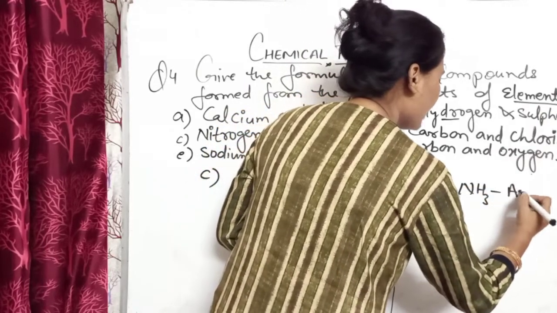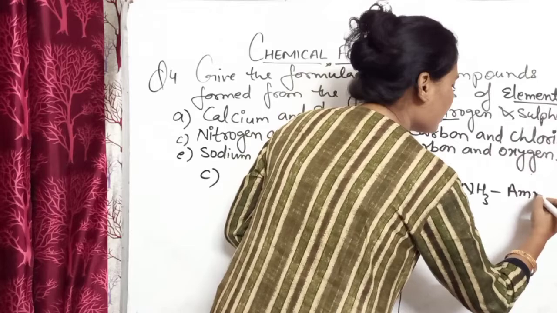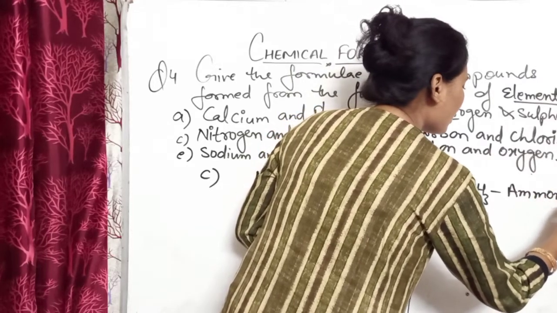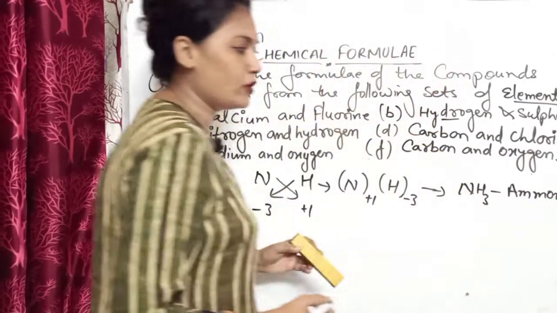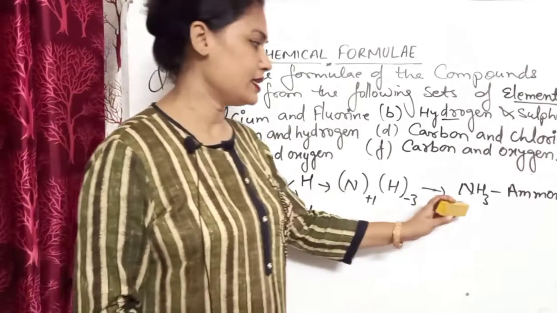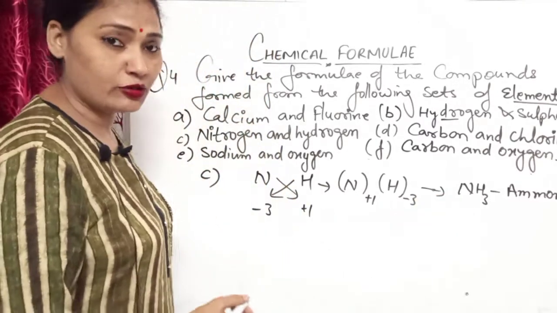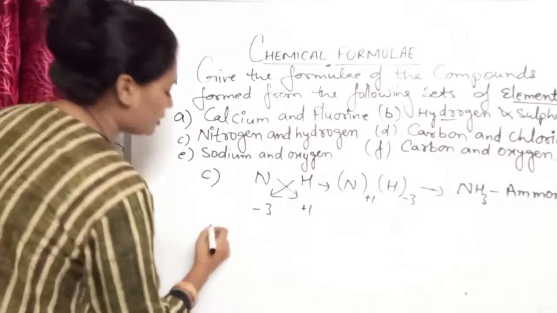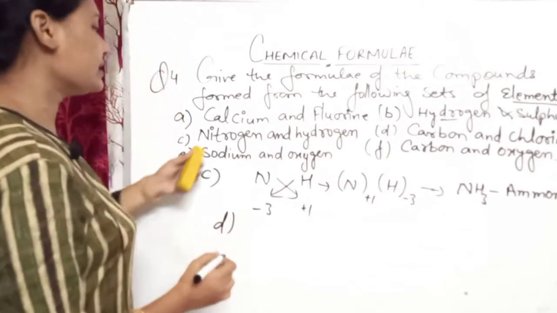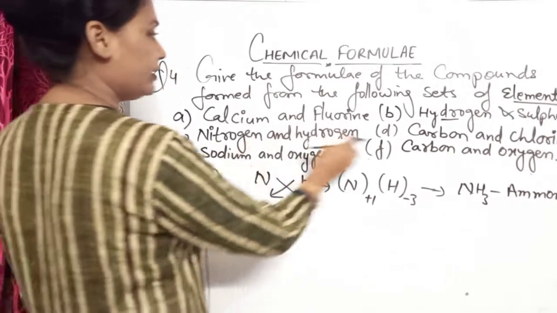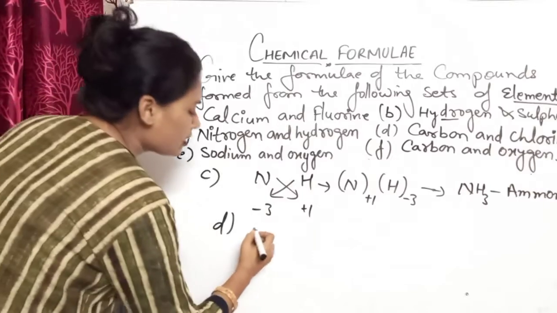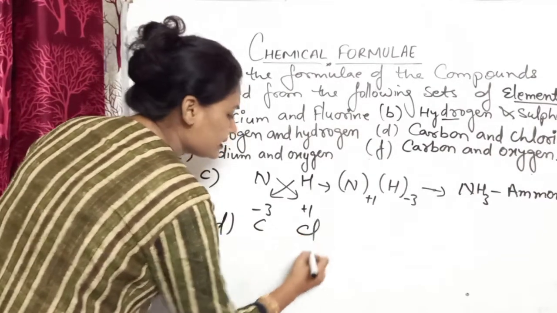It is the formula of ammonia. So the name of the compound is ammonia, NH3. 1 atom of nitrogen and 3 atoms of hydrogen. Now next one is D, that is carbon and chlorine. Carbon C, chlorine Cl.